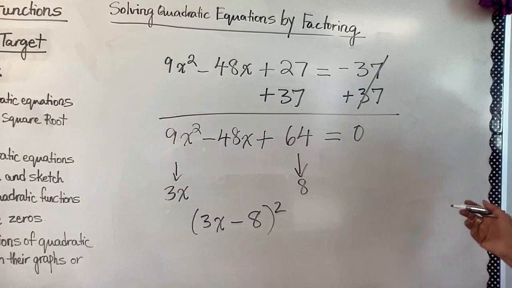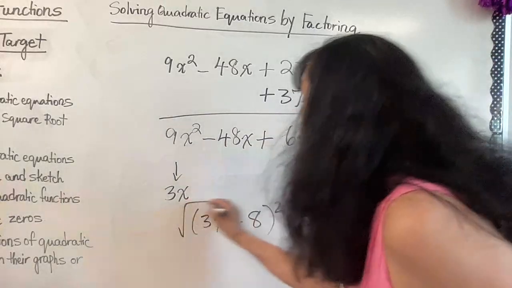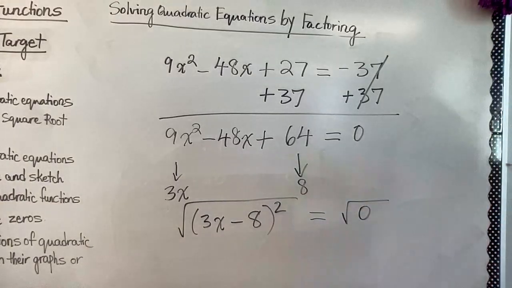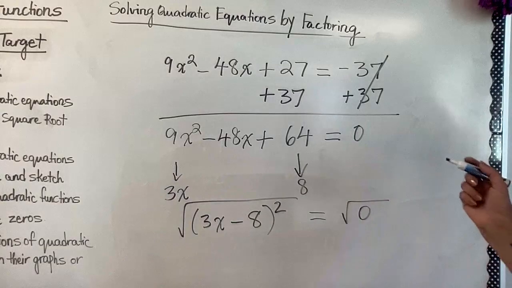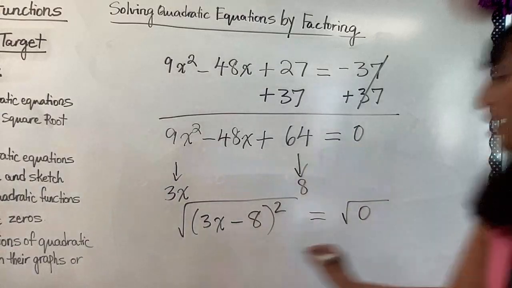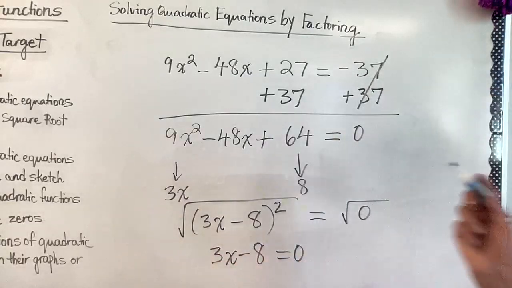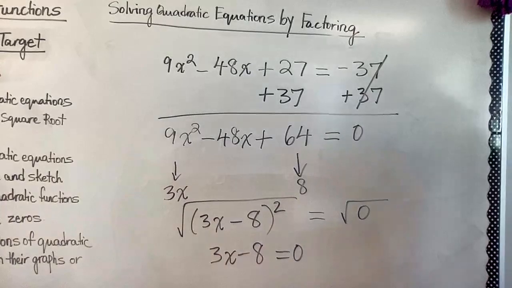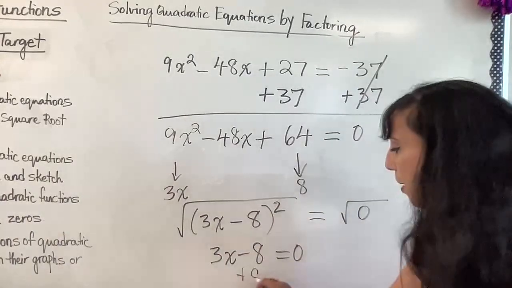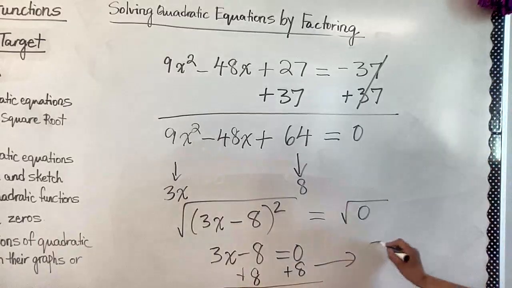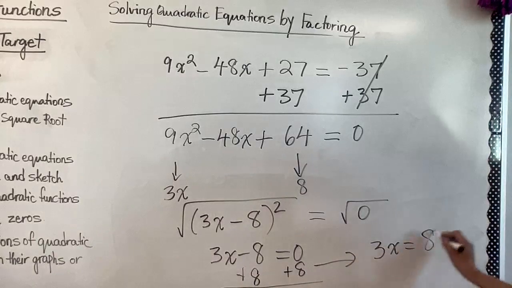So what can I do for that? I can just do the square root of that is equal to the square root of 0, okay, and I end up with 3x minus 8 is equal to 0. And then I am going to go ahead and do the addition property of equality, and I get 3x is equal to 8.